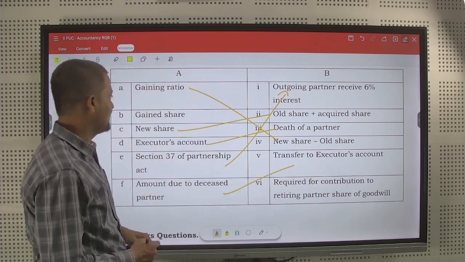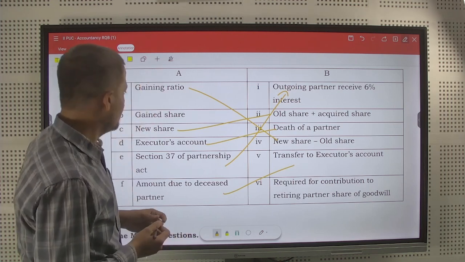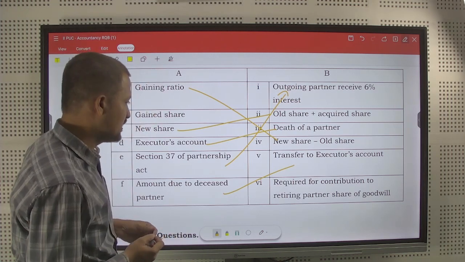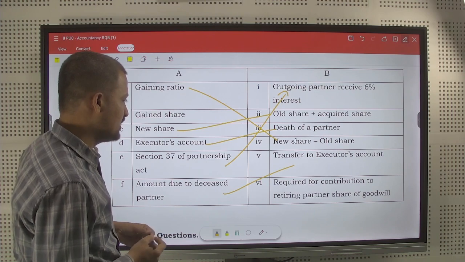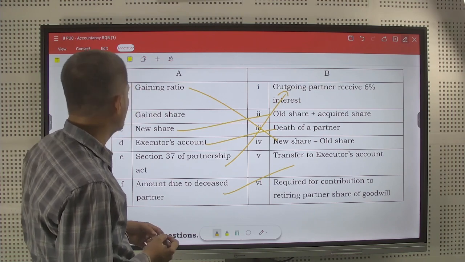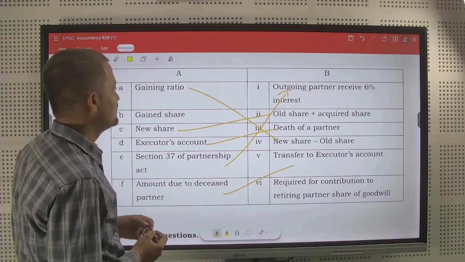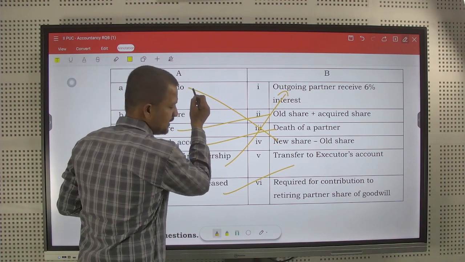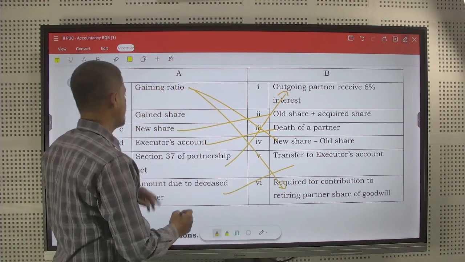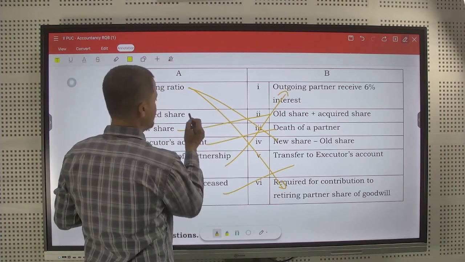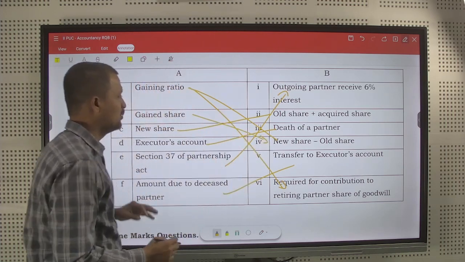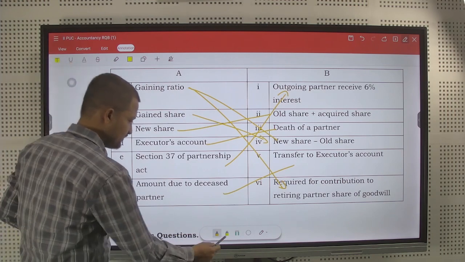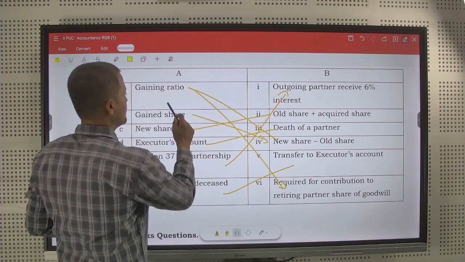Then next is gained share. Gain ratio is required for contribution to the retiring partner's share of goodwill. It will not be. Gained share is new minus old, so you need to make a little change. Otherwise I will make it once again.